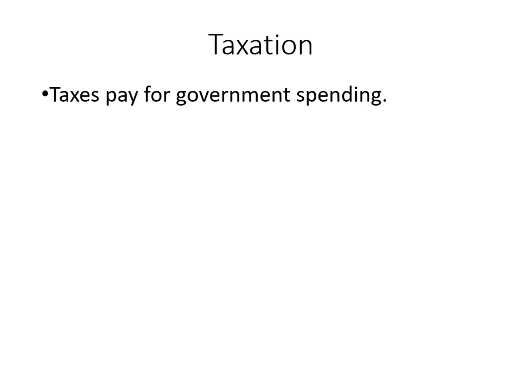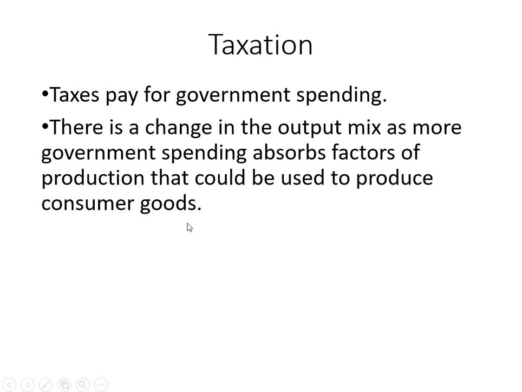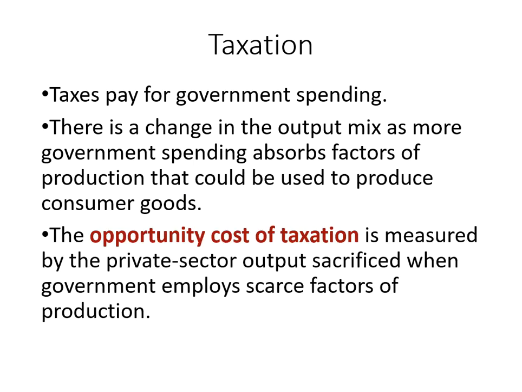But one thing we have to understand is that the opportunity costs of public spending are not always apparent. There is a change in the output mix as more government spending absorbs factors of production that could be used to produce consumer goods.